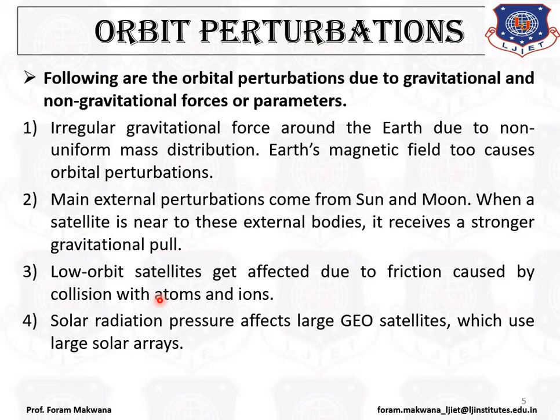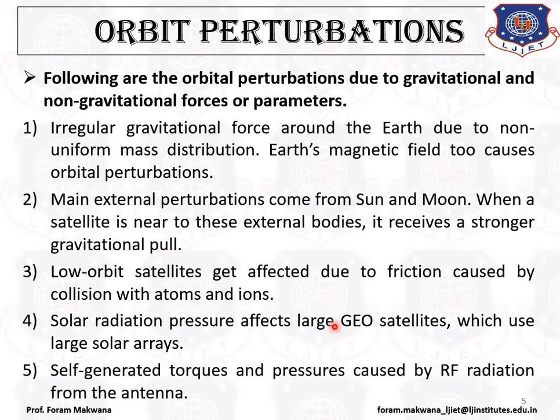For that, it requires a large amount of power supply from the solar panel, and it will get it from the sun. But due to the solar radiation pressure, it affects a large amount of geosatellite.